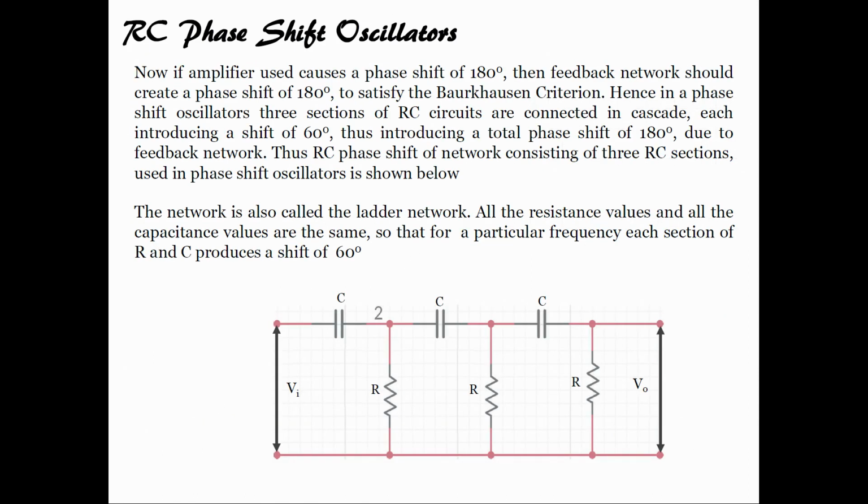If each RC produces 60 degrees, 3 RC sections will produce 180 degrees. So if I have a phase shift of 180 degrees at the output compared to the input signal, and I feed this output back to this RC circuit, I will have another 180 degree phase shift. My total phase shift is 360 degrees or 0 degrees, which will satisfy the Barkhausen criterion.